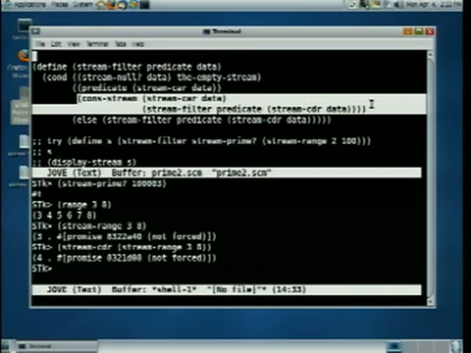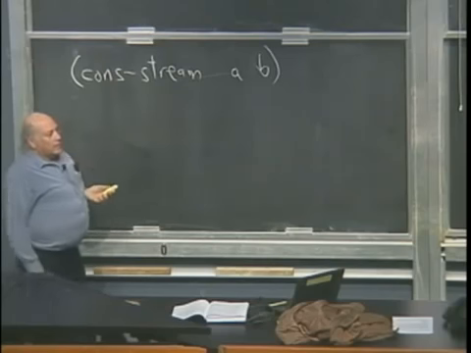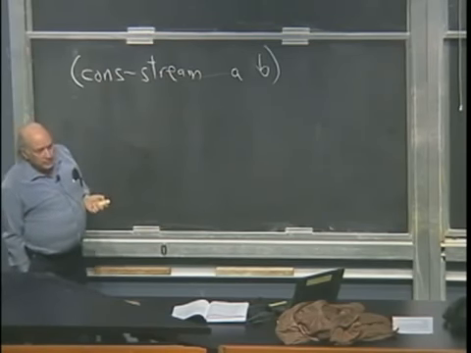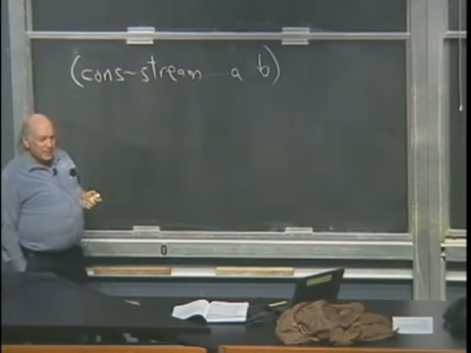So the way it works is if you say cons stream A B, the evaluator sees, oh, cons stream, that's a special form. In fact, it's an abbreviation.